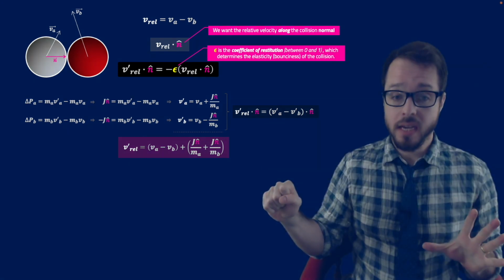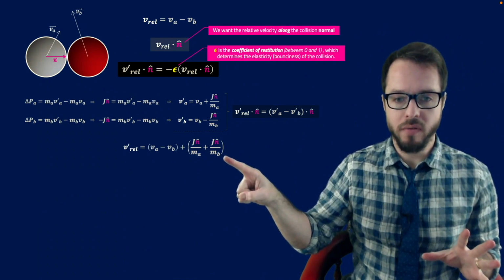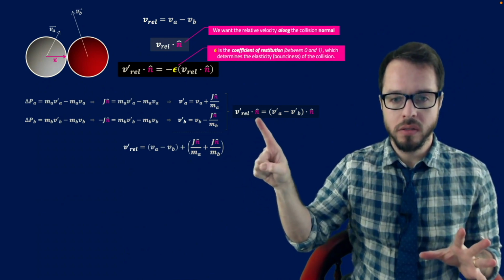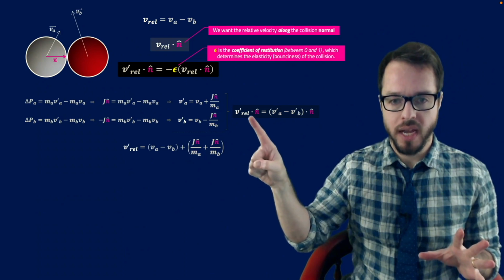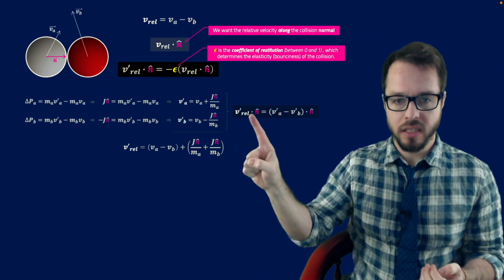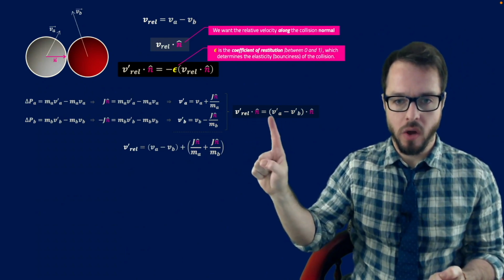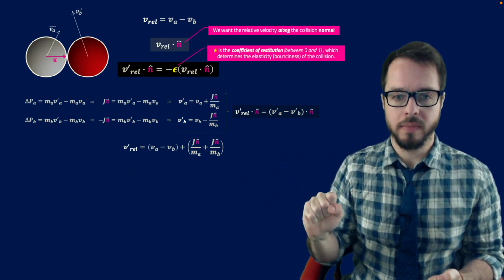Well, I think that the next step here is to consider that idea that we want everything along the normal vector, right? So everything dot product n, I want everything along the normal vector. So this new relative velocity has to be dot product n. And all these things right here, dot product n again.